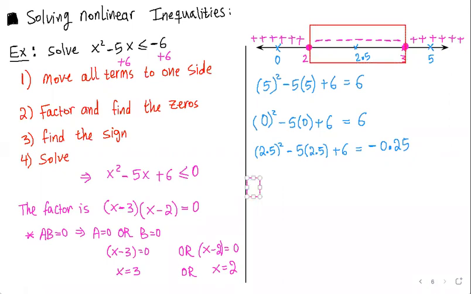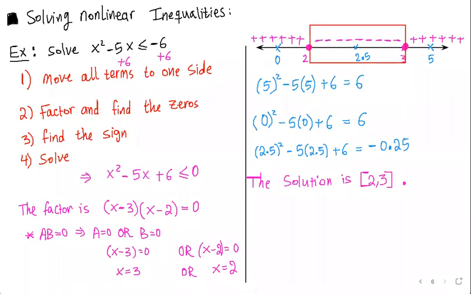So the solution is the closed interval from 2 to 3. Why is it closed? Because the 0 is inside the 2 to 3. This is the solution for this inequality.